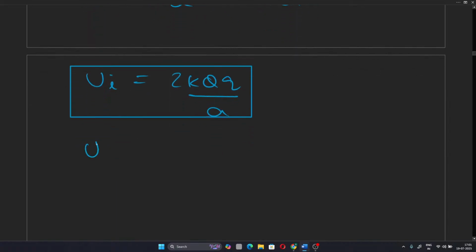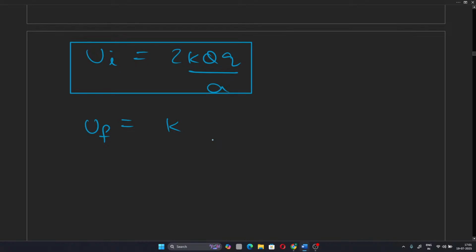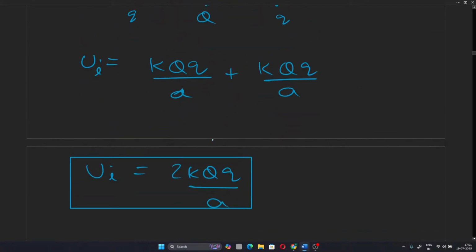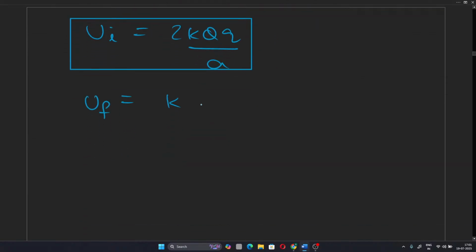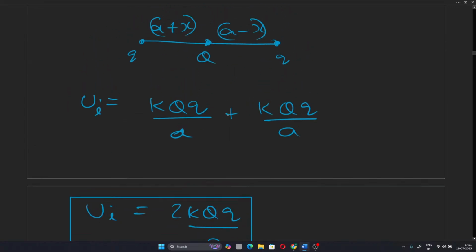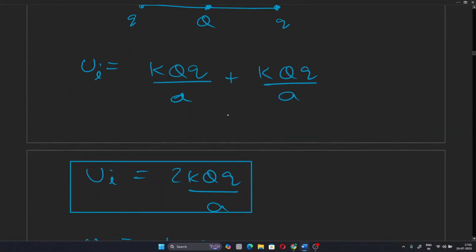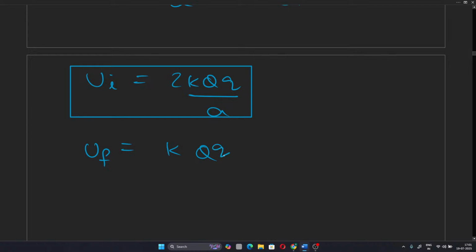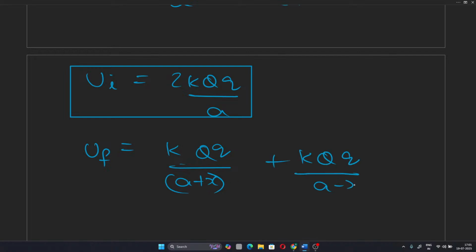Now the final potential energy equals kQq by a plus x plus kQq by a minus x.